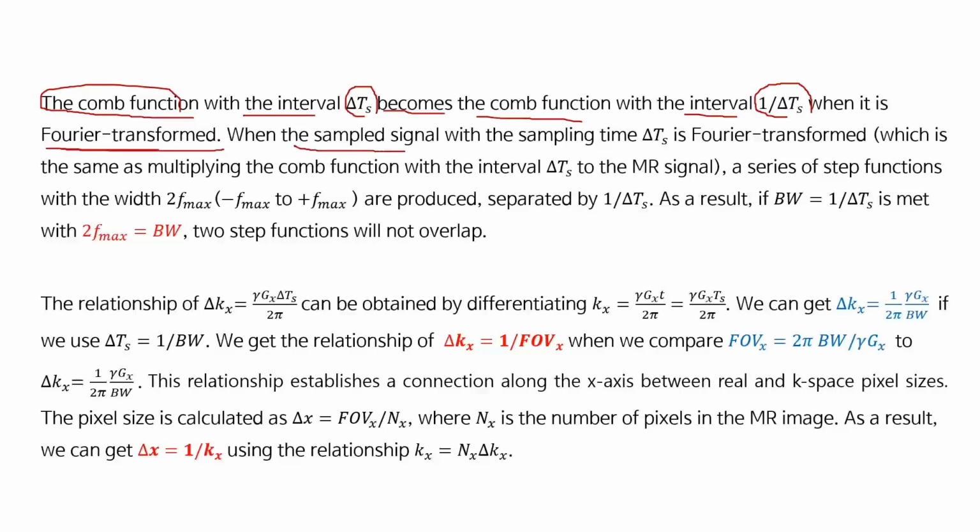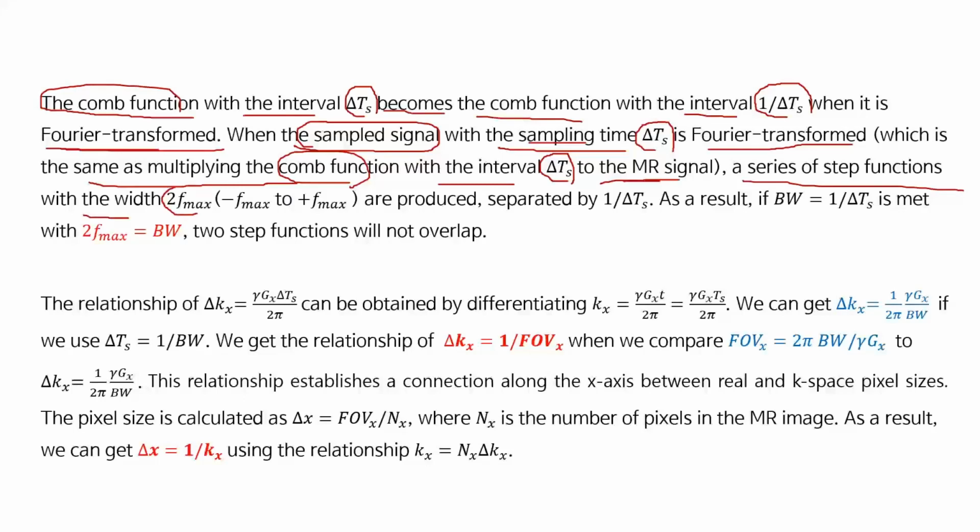When the sampled signal with the sampling time delta ts is Fourier transformed, which is the same as multiplying the comb function with the interval delta ts to the signal, then we have a series of step functions with bandwidth, from minus f maximum to plus f maximum, separated by 1 over delta ts.